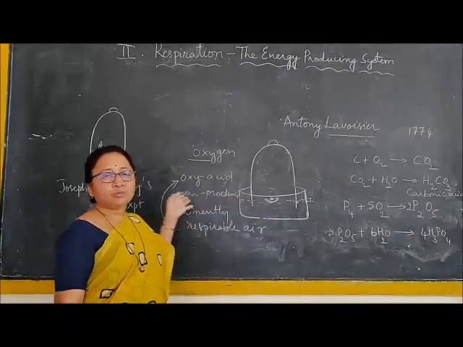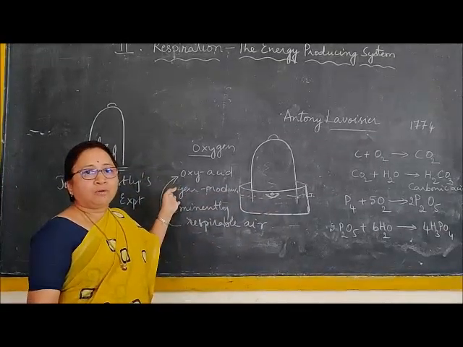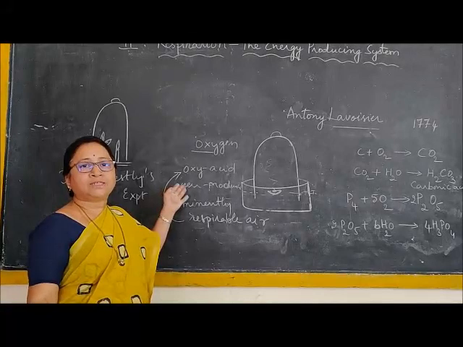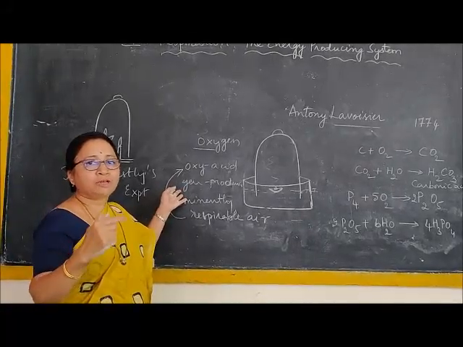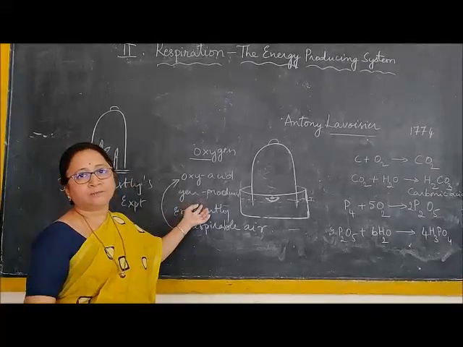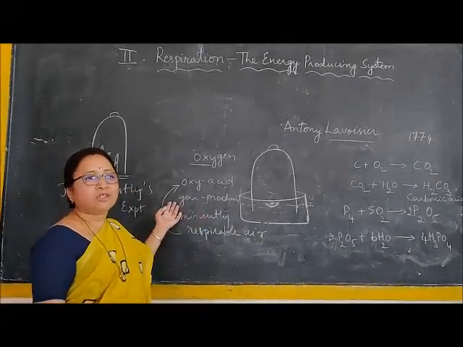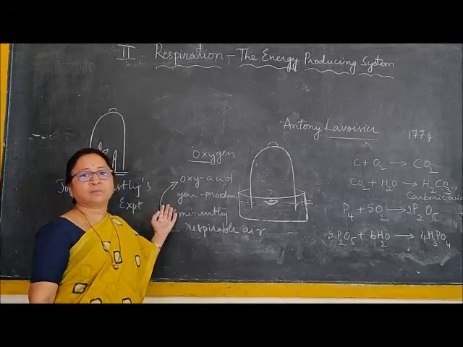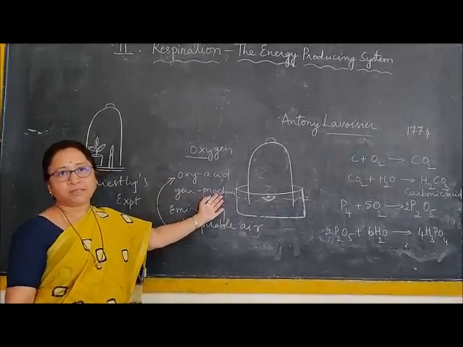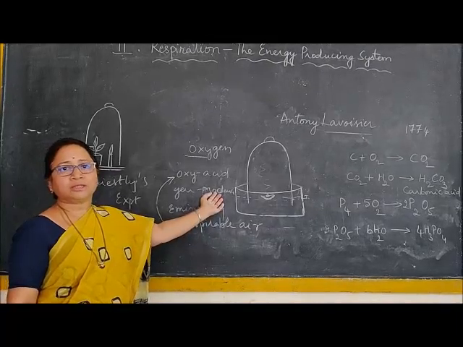He also assumed that to convert the vitiated air back into common air, the same amount of respirable air which is added to the blood should be added back to the environment. Children, can you say which process will add this respirable air back to the vitiated air? That is nothing but photosynthesis.